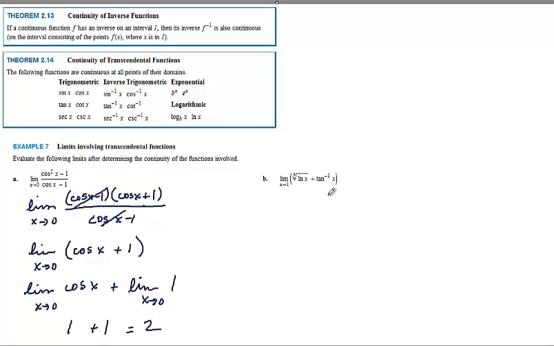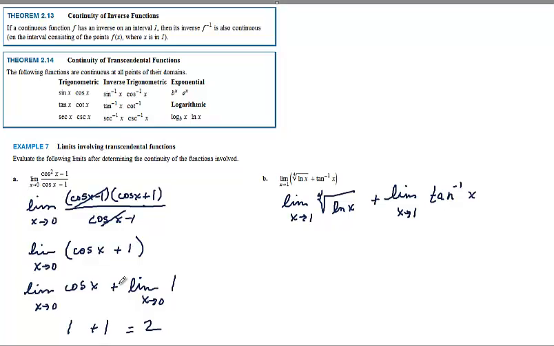Let's look at this next one. I'm going to use those same sum and difference laws. So I've got the 4th root of the natural log of x, plus the limit as x goes to 1 of tangent inverse of x.